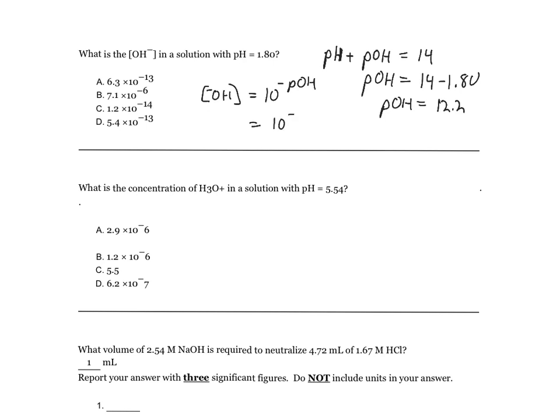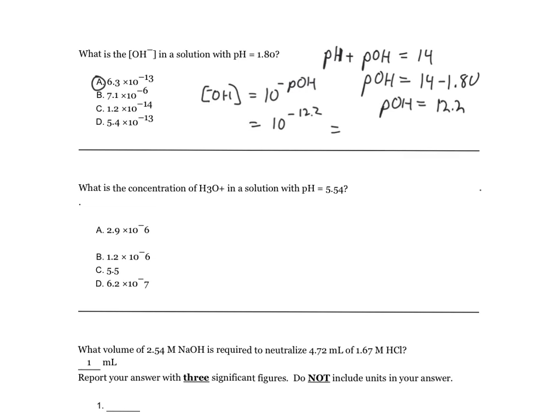So 10 raised to the minus 12.2 would be A, 6.3 times 10 to the minus 13 molar would be the concentration of hydroxide.